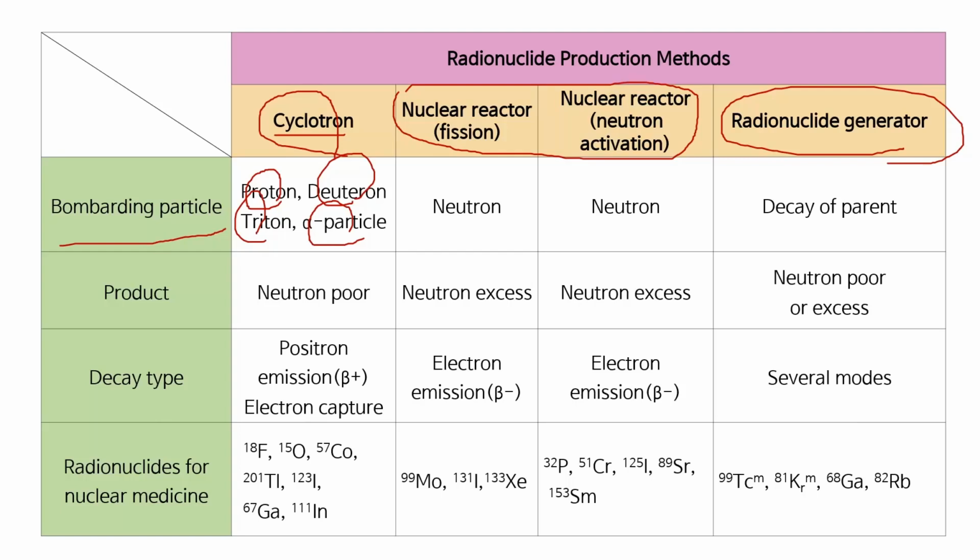And in a nuclear reactor, there are abundant neutrons, and we can put some material into the reactor, and then the material captures the neutron to become the radionuclide.